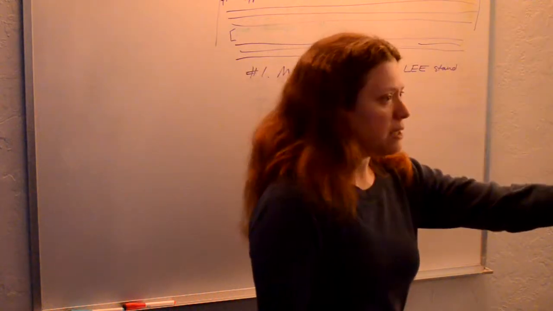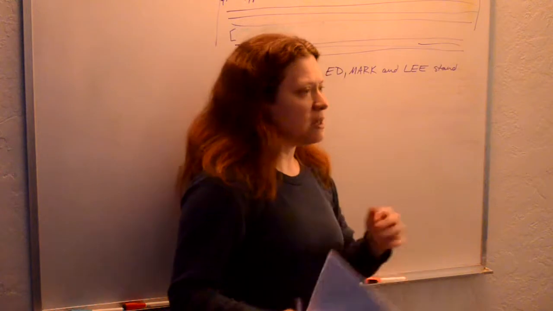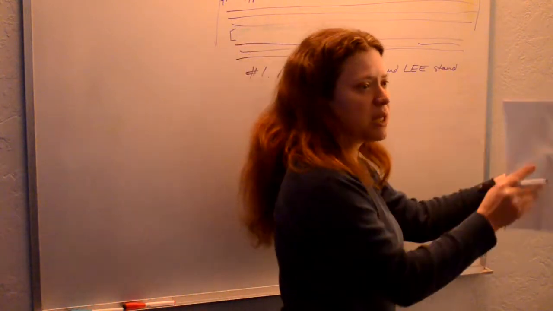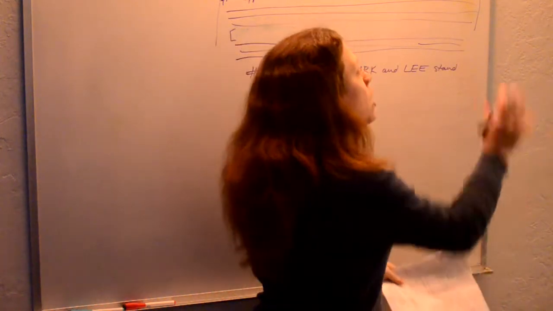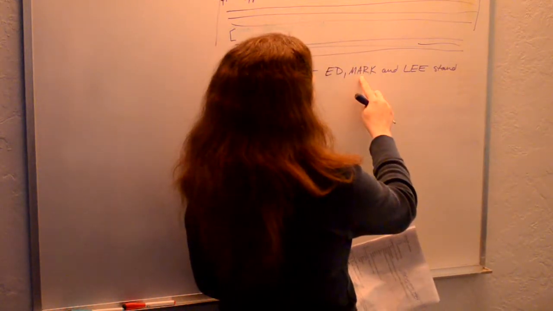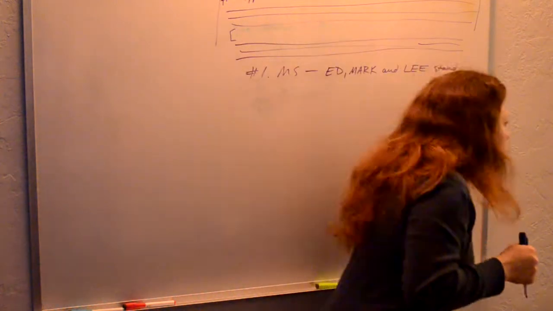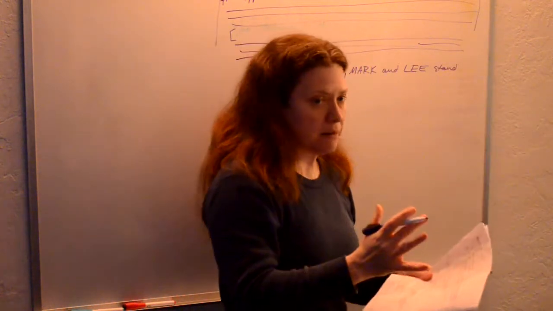That means I want you Ed, Mark, Lee. And the reason that's important is that it allows your AD to literally help you place the actors, or it allows you as a director to go, oh, okay, this is important. Why is it important? Because in a minute, when I have Ed and Mark talking to each other and I punch into a close-up, they're where they should be.